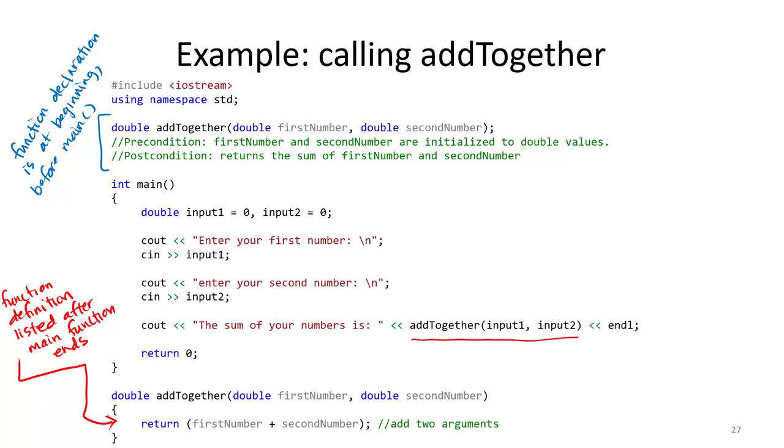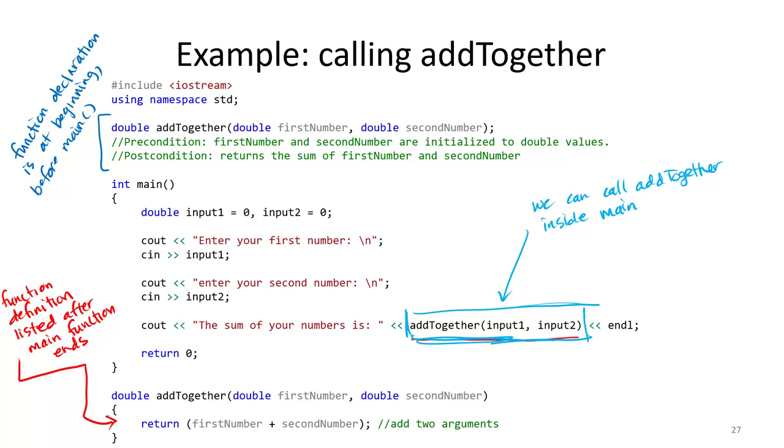And then inside our actual program, we can call add together inside the main function. Basically, we can call add together inside main or at any point after the declaration.